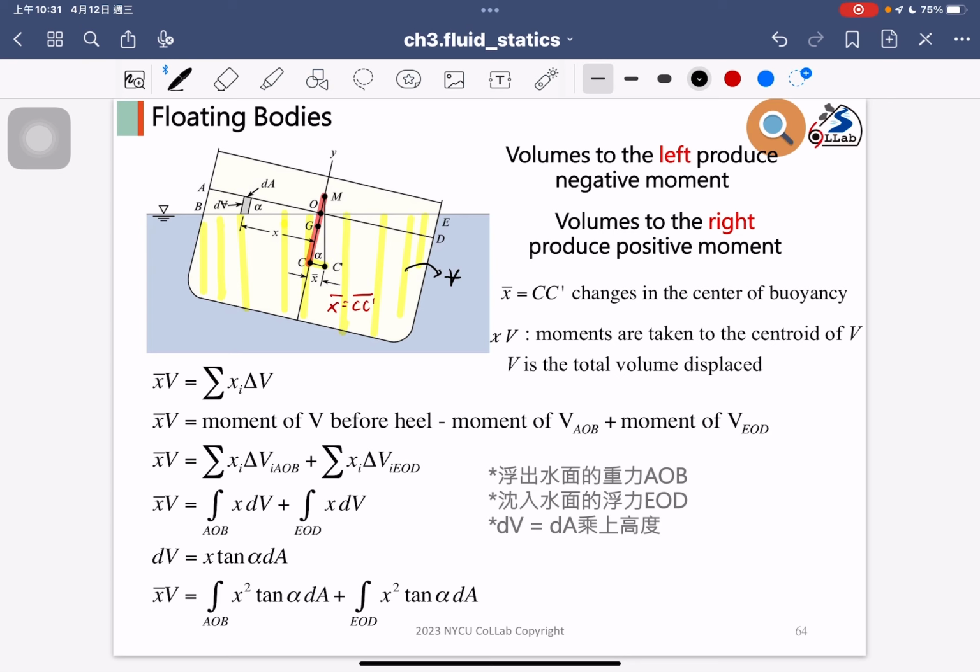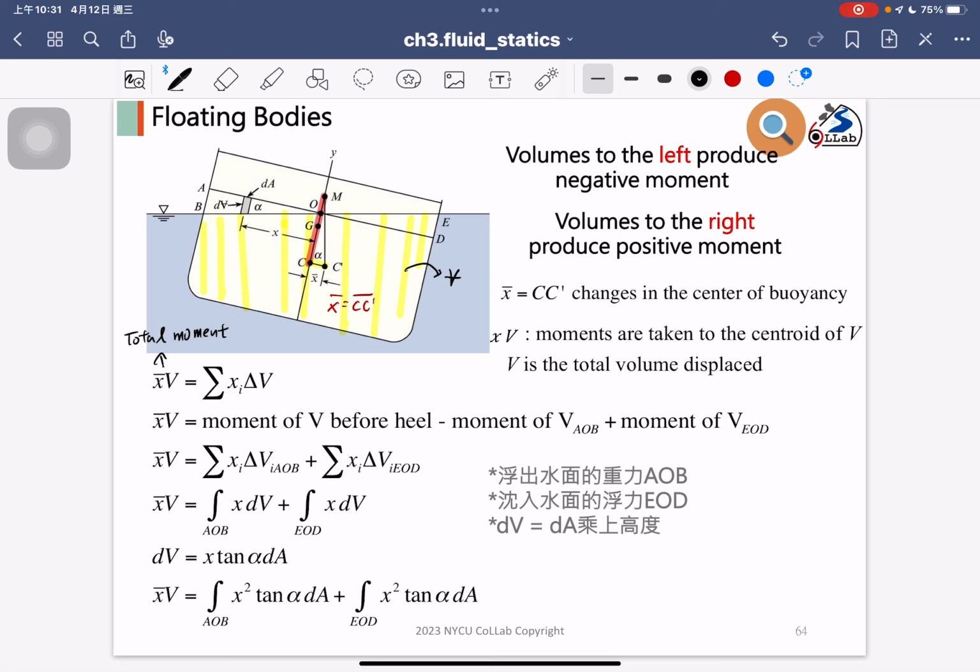So if you multiply the x bar with the displaced volume, that means the total moment, right? But we don't see the gamma, because both sides have the gamma, so we cancel out the gamma value.